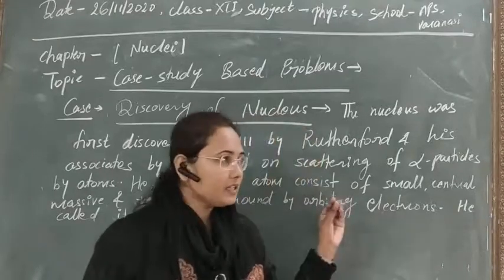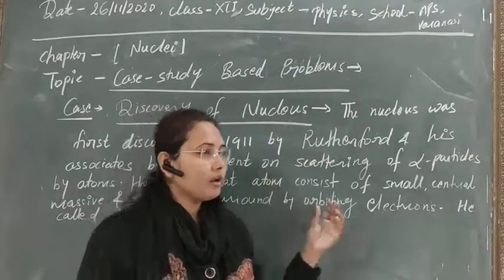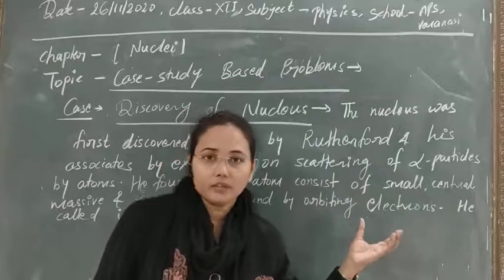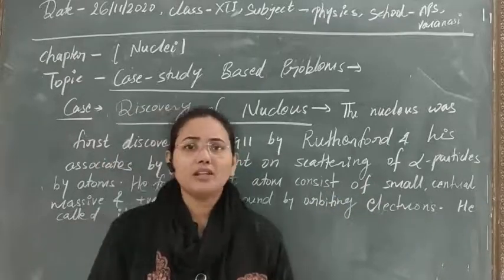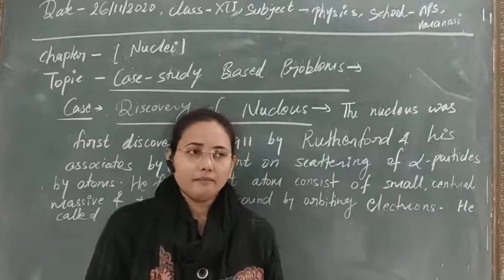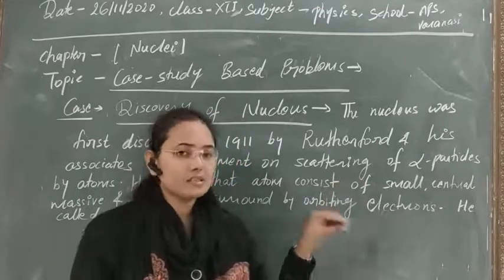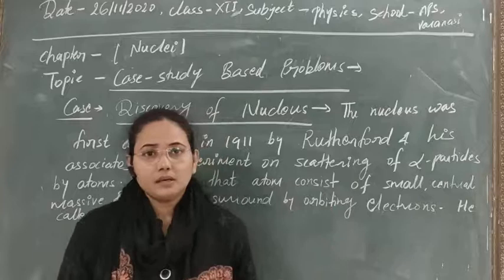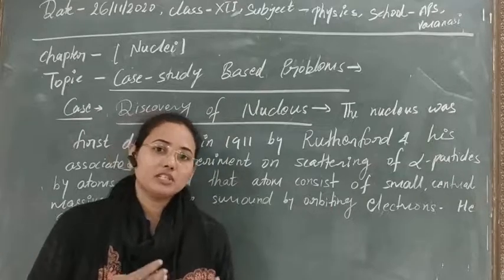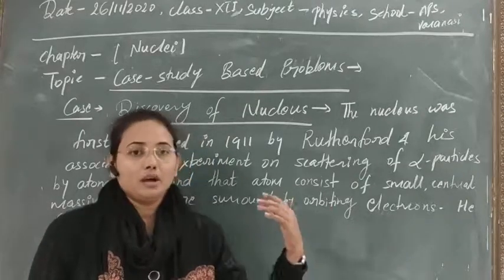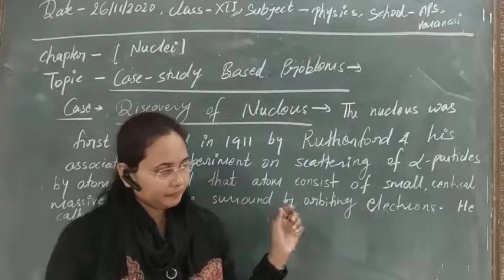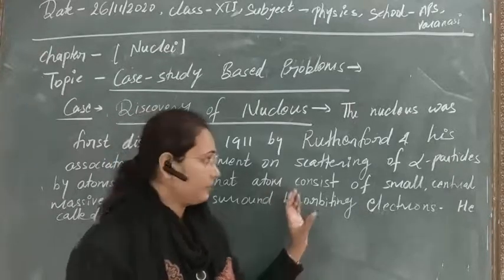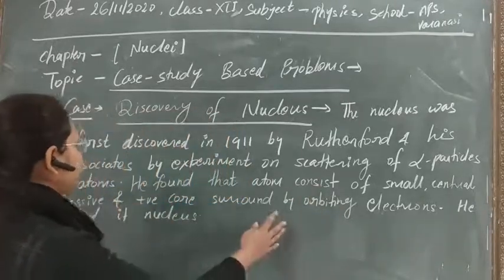So this is a very small space in which most of the mass of the atom is concentrated. As you know, protons are more massive than electrons, and if protons and neutrons both are in the nucleus, then obviously the mass of the nucleus will be much greater than the mass of the electrons revolving outside the nucleus. So this is the main portion of the discovery of the nucleus.